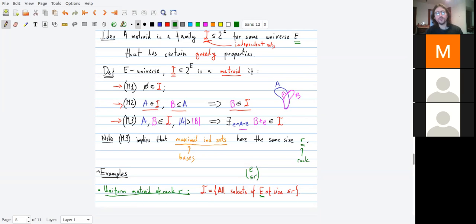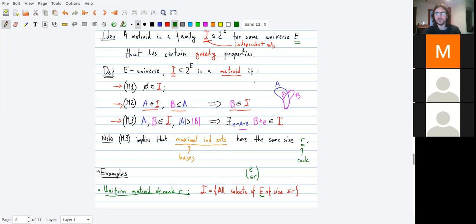And clearly M1 and M2 are satisfied. It can only shrink the size taking a subset. And for the third axiom, the exchange property, well, if A is larger than B, then simply there exists an element of A that I can add to B. Because if B is smaller than A, then the threshold r is not yet reached, so I can throw in any element. So you see that this is satisfied.